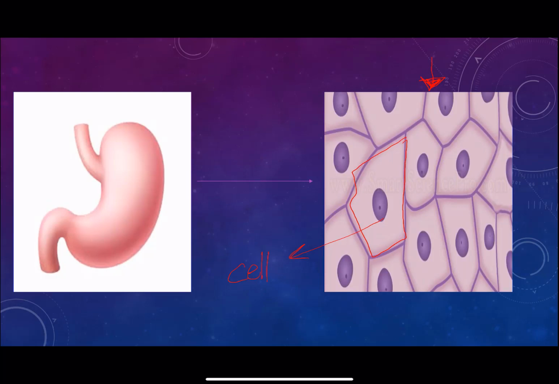Okay? So the system consists of organs. If I take one organ, we will find this organ consists of tissues. If I take one tissue, we will find that it consists of cells.